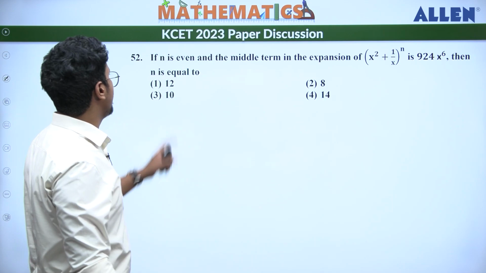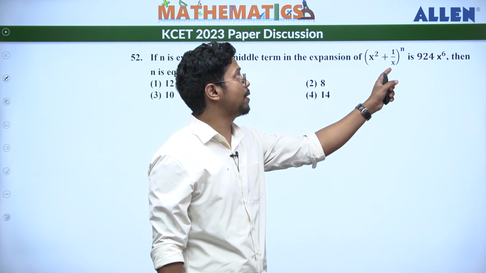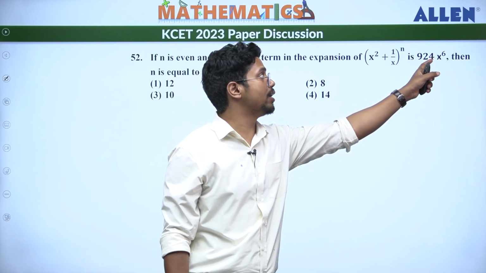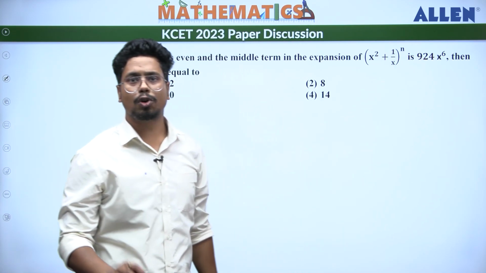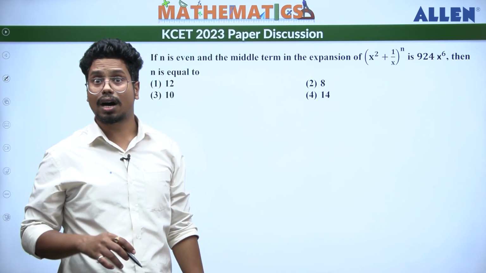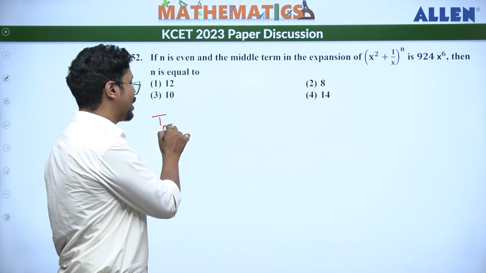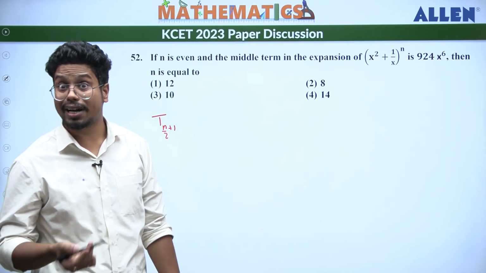Now, let us decide. If n is even, and the middle term in the expansion of (x square plus 1 by x) to the power n is 924 x to the power 6. All of you, if n is even, then what is the middle term number? How do you find out the middle term number? The middle term number is n by 2 plus 1th term. And how do you find out the rth term?